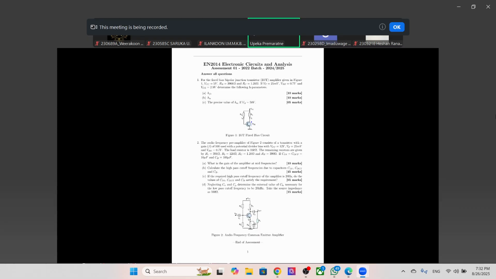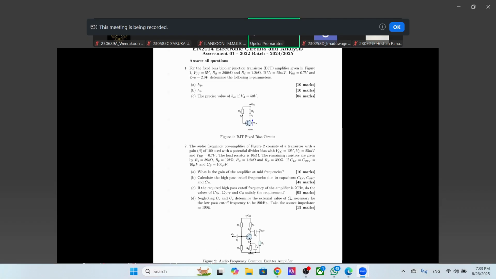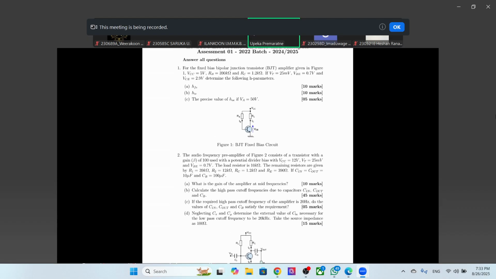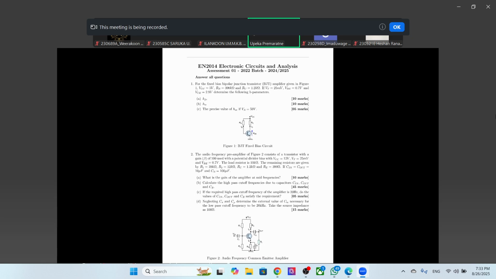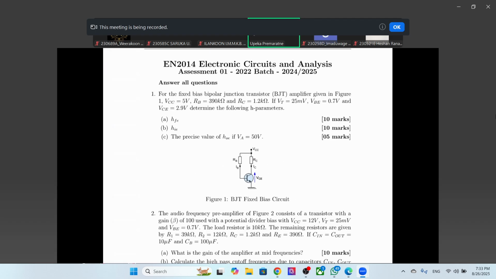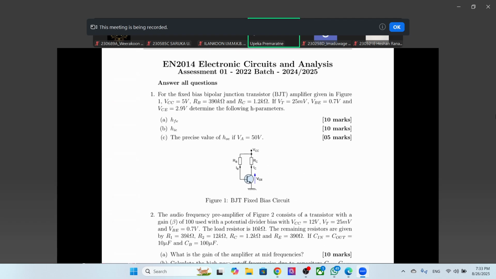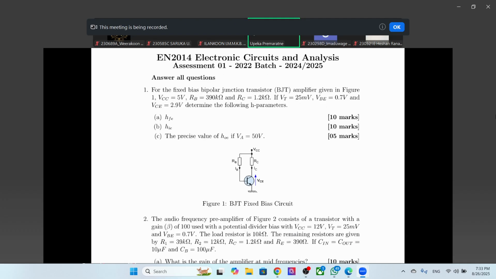As you can see, some of your questions I can understand. You asked how to calculate RE and that type of question. Question number 1 of the previous mid-semester exam will answer that question.